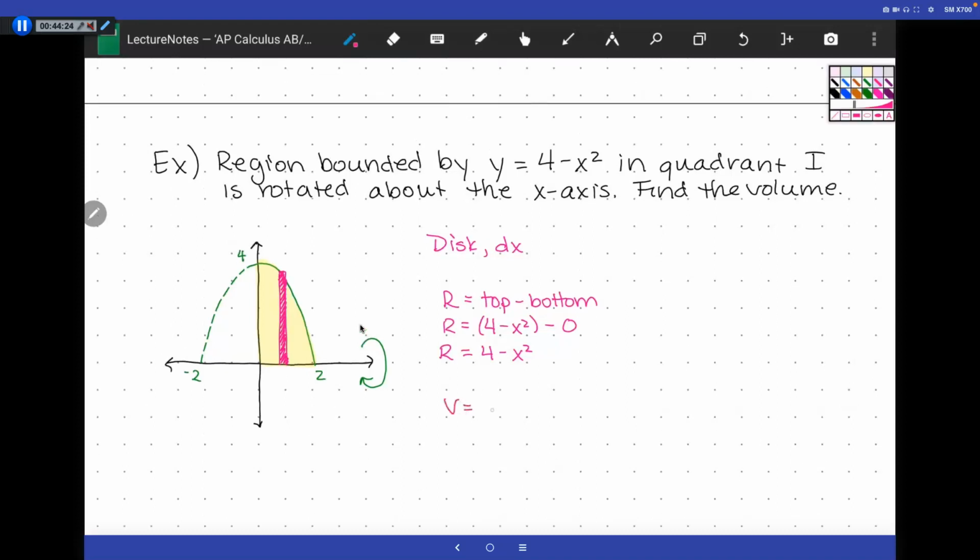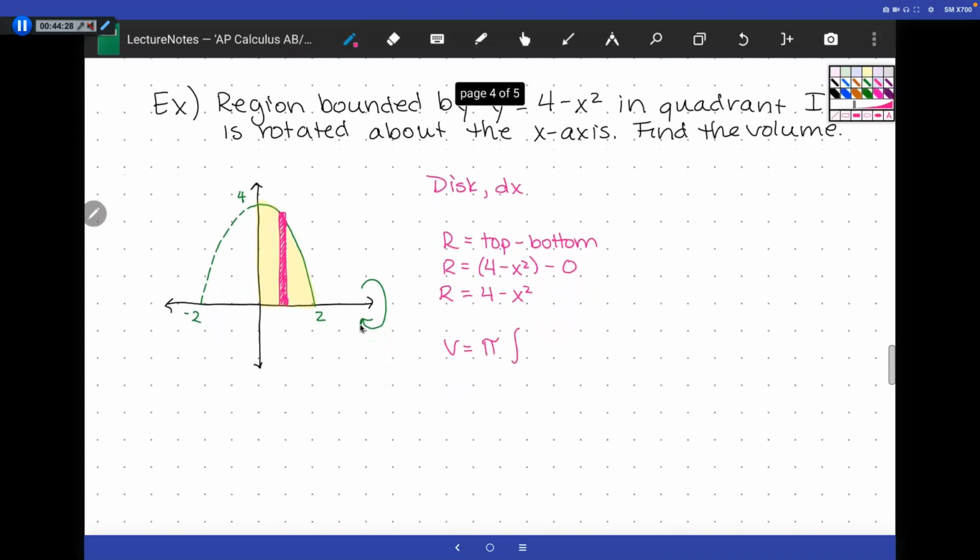The volume would be pi times the integral of r squared dx, but r is 4 minus x squared. Just don't forget the squared on the outside. What are my limits of integration going to be? 0 to 2. It's a dx problem, so look along the x-axis where the shaded region is.